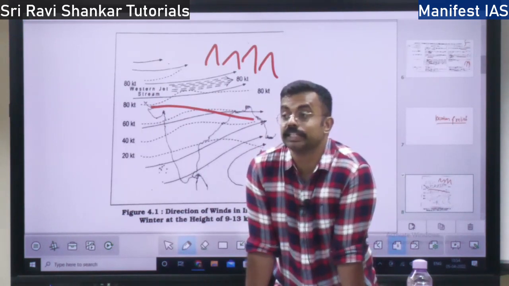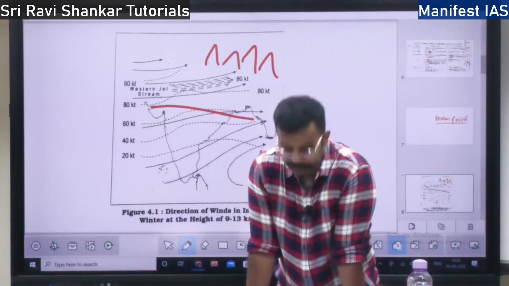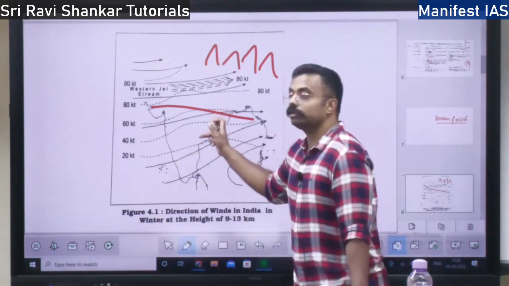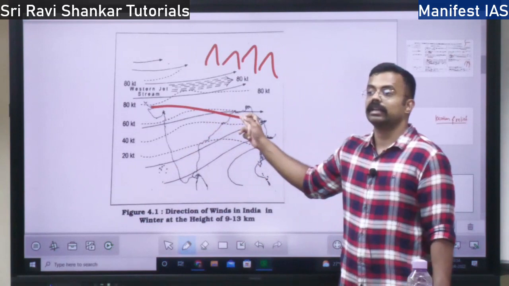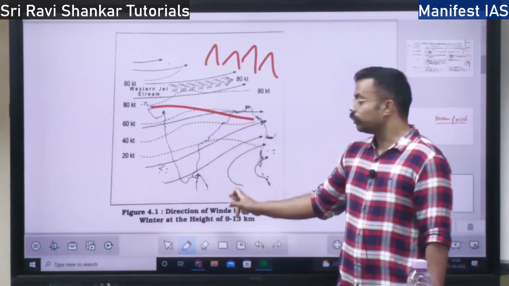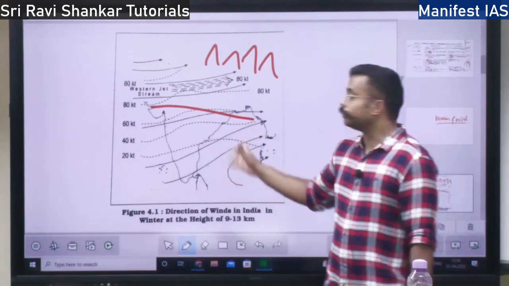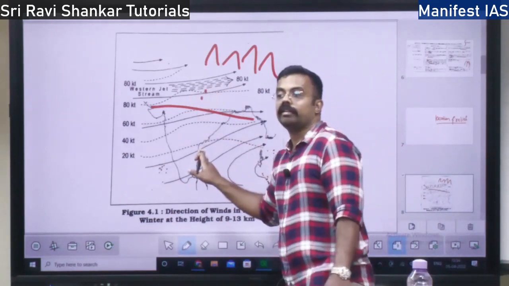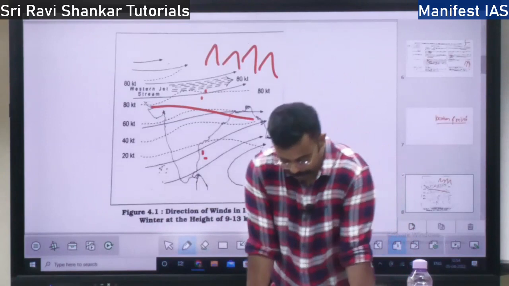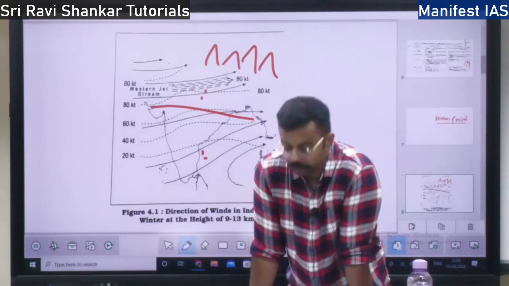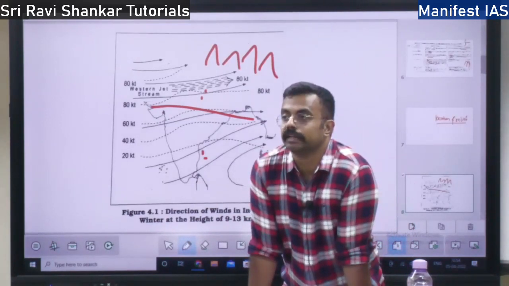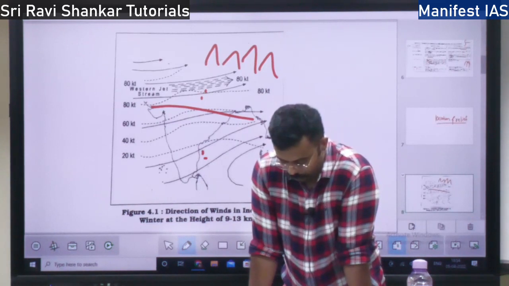There is differential heating. What do you mean by differential heating? I have told you, land heats up faster and cools down faster, whereas the ocean heats up slower and cools slower. Because of which the temperature will vary. When the temperature varies, the air pressure will also vary.